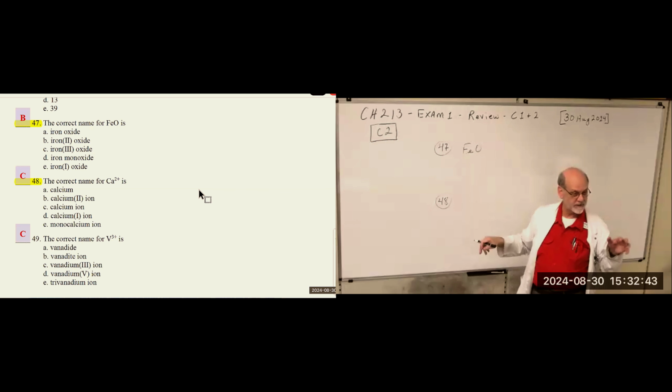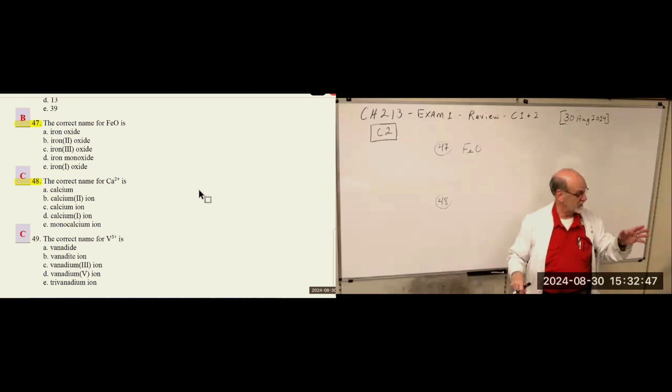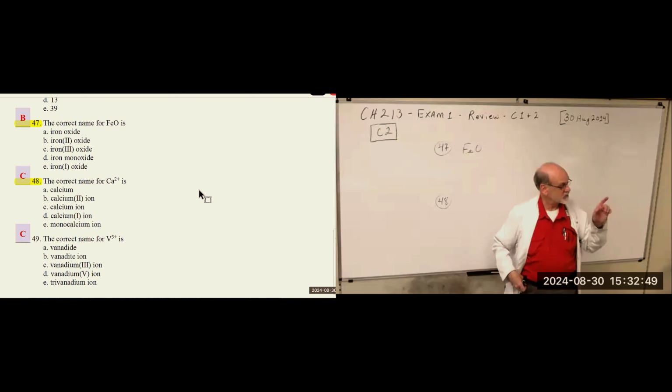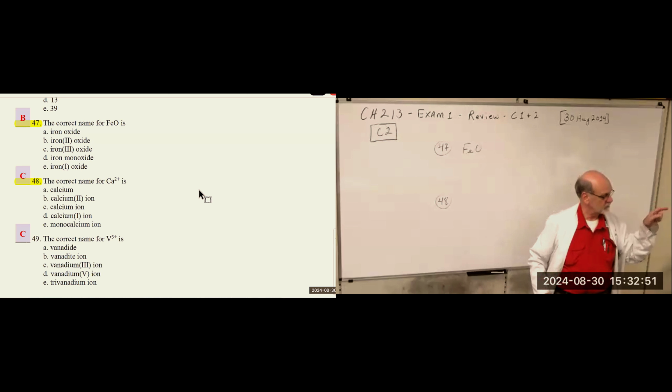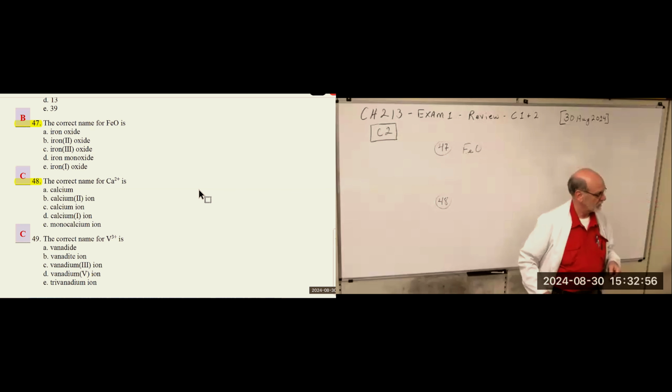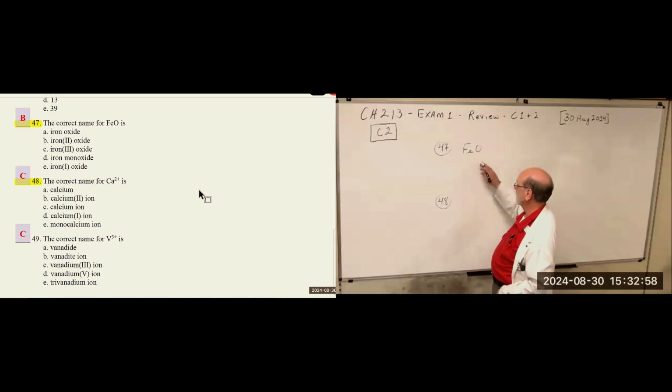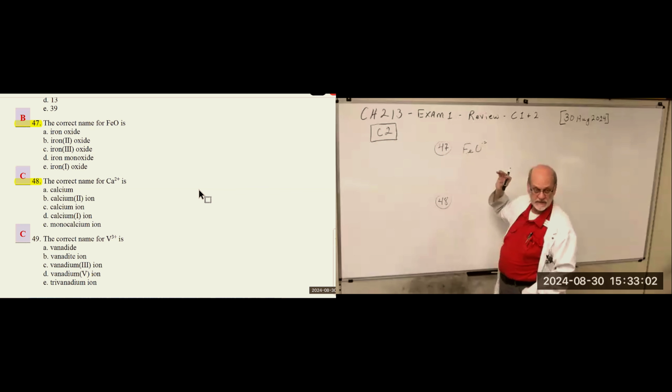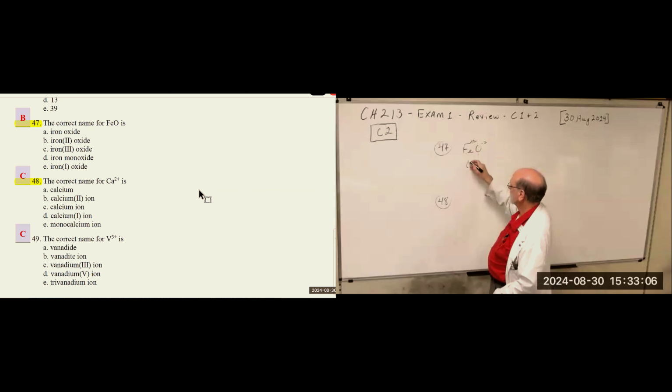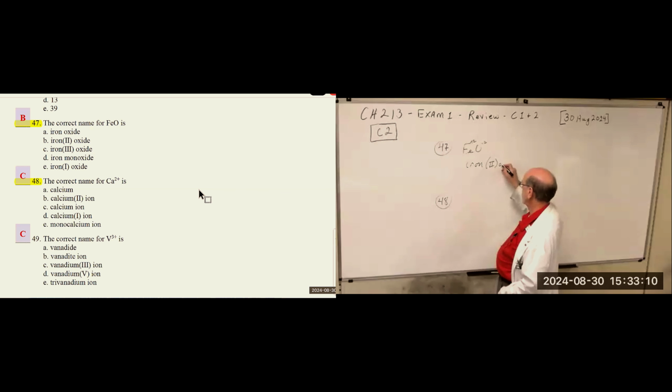Type 1 is fixed charge. Iron's not fixed charge. It's a transition metal that's not silver, cadmium, or zinc. The rest of them have variable charge. So iron has variable charge. What is it? Well, oxygen's always -2 in ionic compounds. So this one has to be a +2. So the name would be iron(II) oxide.